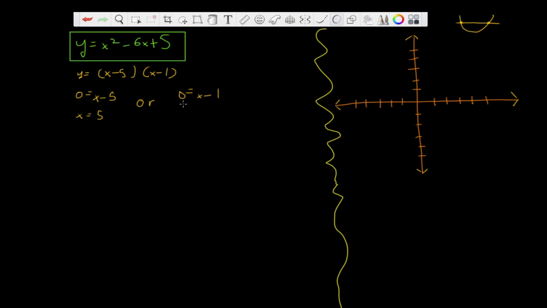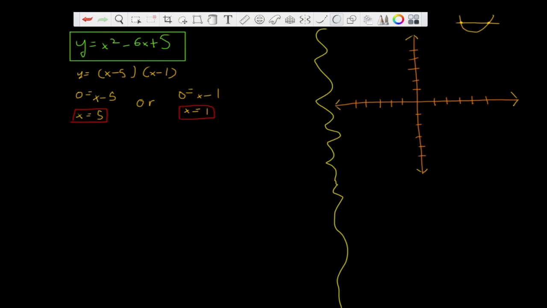You bring the 1 to the other side, it will be x is equal to 1.